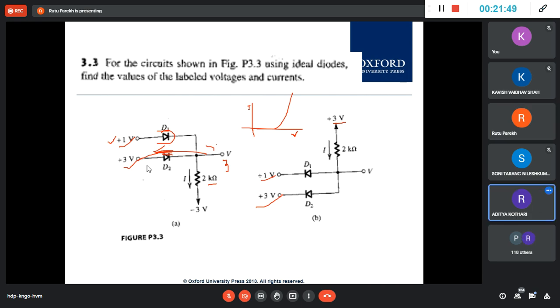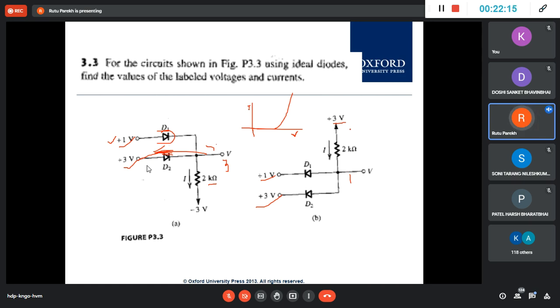D1. Very good. Right, because the potential difference is more. And D1 will start conducting, so this 1 volt will appear here, and this one will get into reverse biased, and so this is 1 volt.